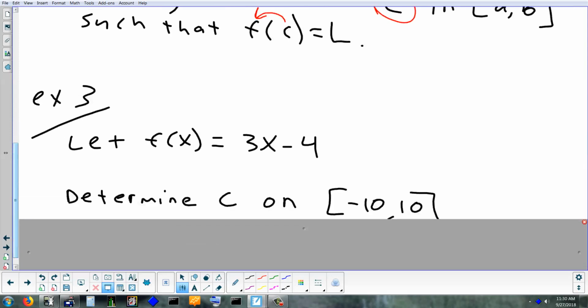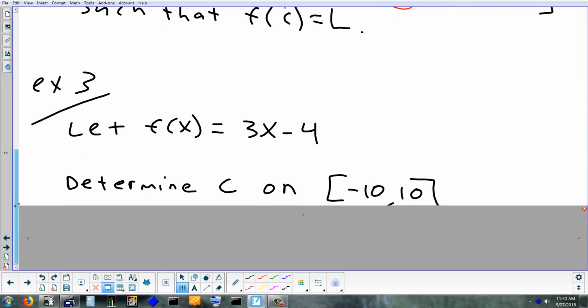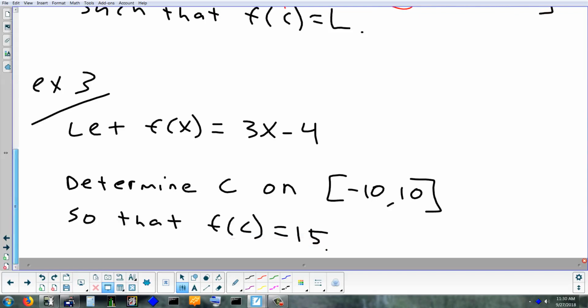I want you to find a value between negative 10 and 10. Okay, an x value between negative 10 and 10, such that if you plug it in, you get 15 as the answer. First thing I want to do is determine if that's even possible.